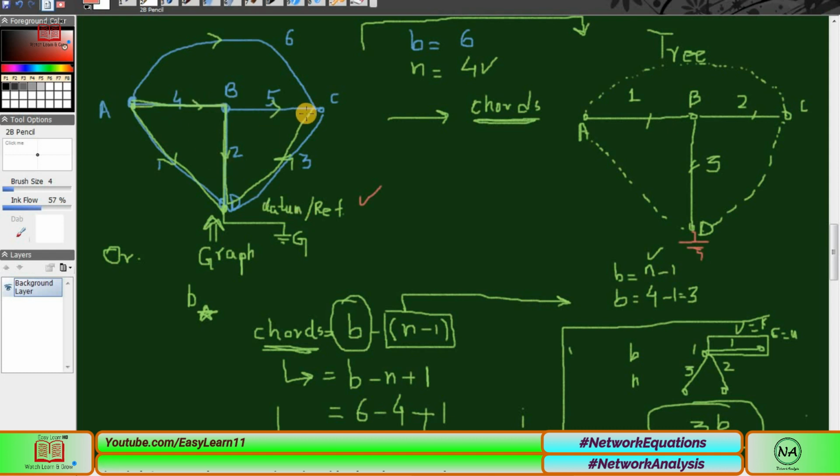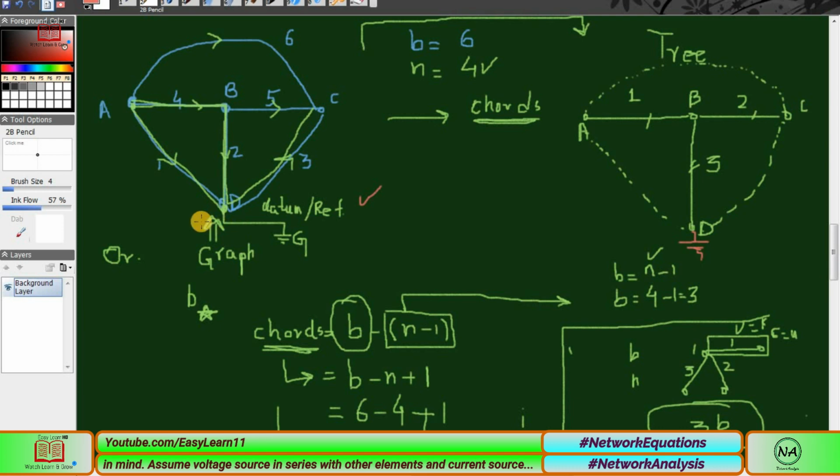Then there are 3 others, called the remaining nodes, and we need to write equations using Kirchhoff current law for this node, this node, and this node, because Kirchhoff current law needs to be applied at the node points, and we need to write 3 equations except this one, because this is selected as the datum node.